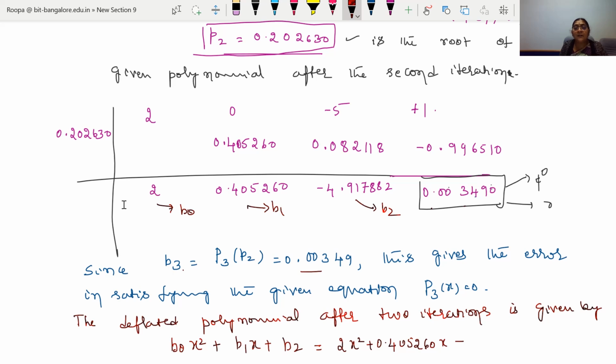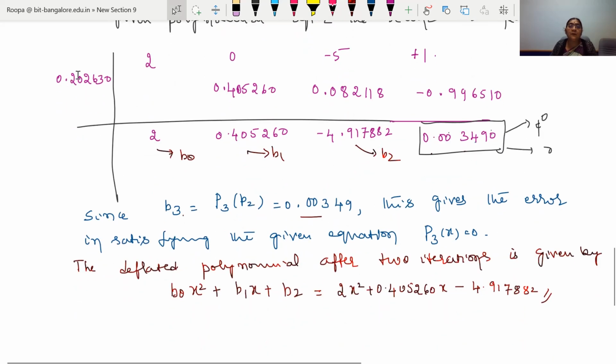Once you extract a linear factor from the cubic polynomial, what's the remaining factor? It is a polynomial of degree 2. Therefore, x square, x, the constant minus 4.91788. This is the way I find the deflected polynomial.